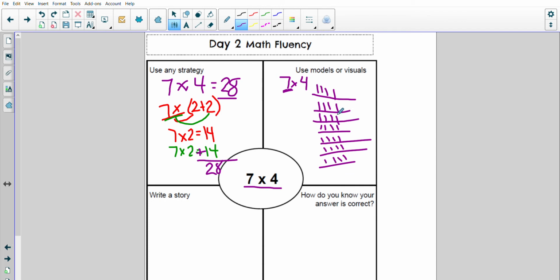All right, so I have 4 in each row and I have 7 rows, so now I'm going to add them all up and see what I get. I should hopefully get the same answer that I got here. So I have 1, 2, 3, 4, 5, 6, 7, 8, 9, 10, 11, 12, 13, 14, 15, 16, 17, 18, 19, 20, 21, 22, 23, 24, 25, 26, 27, 28.